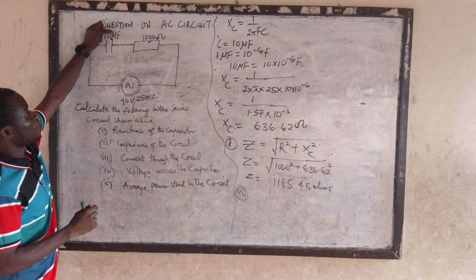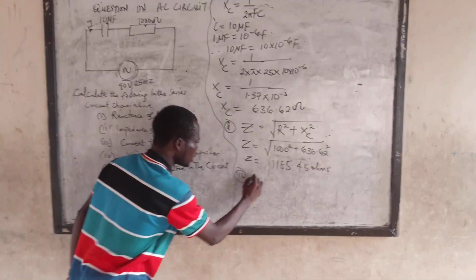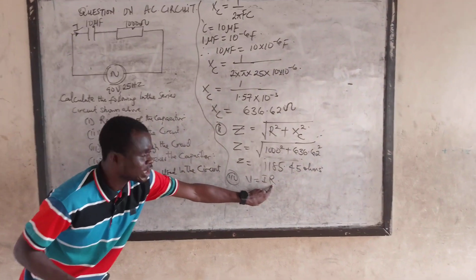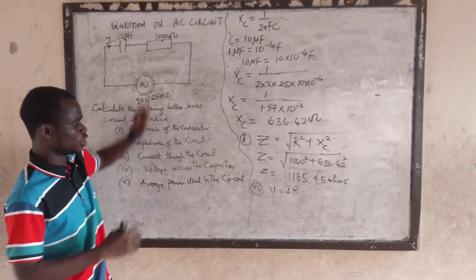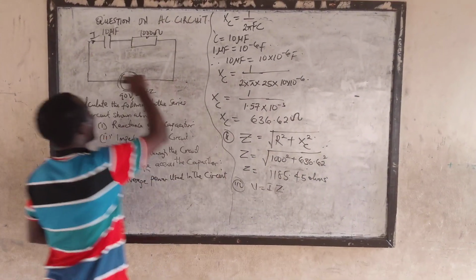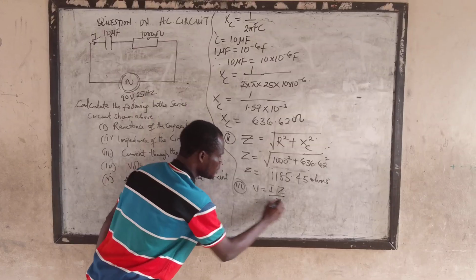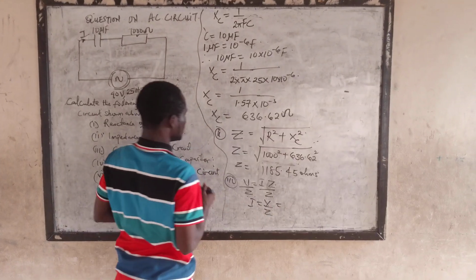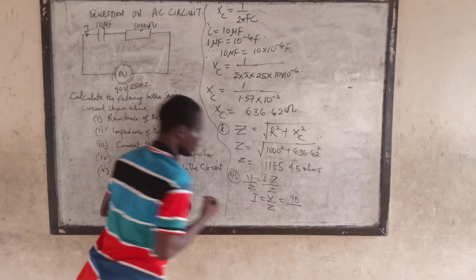Remember that we have a capacitor and a resistor in this circuit. Remember the principle of Ohm's law that says V equals IR. But in this situation, we cannot use R, because we have a capacitor and a resistor in the same circuit. So we replace R with Z, the impedance across the circuit. Making I the subject of the formula, dividing by Z, I equals V over Z. V is the voltage across the circuit, which is 90, over the impedance, 1185.45.